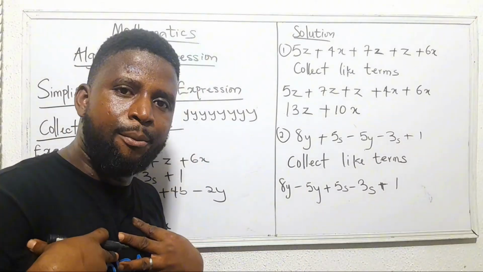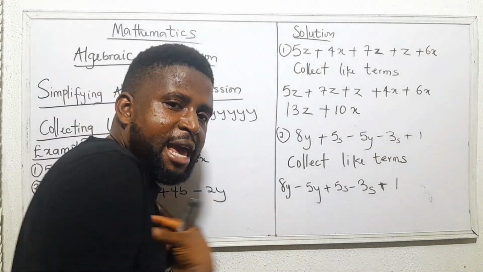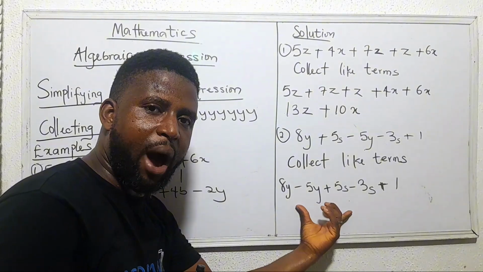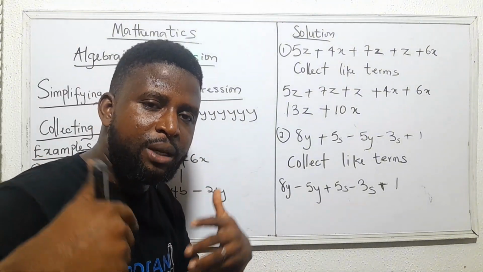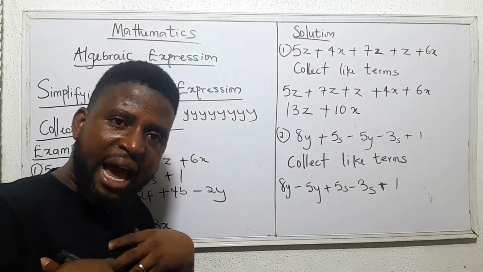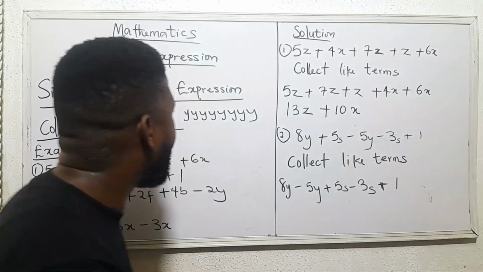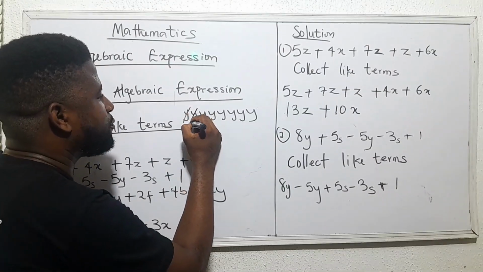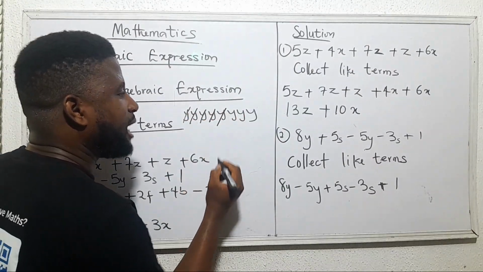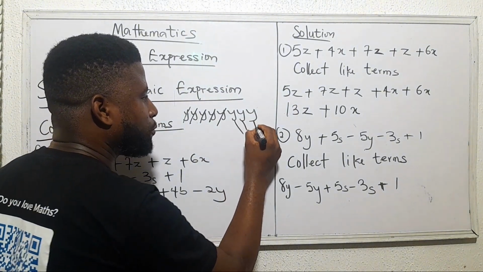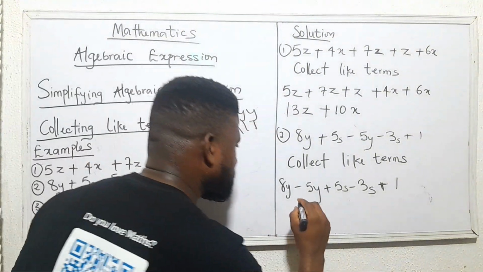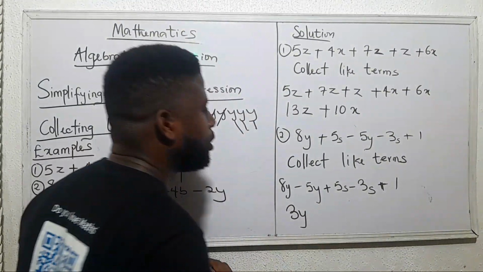Minus is the debt I'm owing. So I have 8y and I'm owing 5y. So the wise thing to do is to pay my debt from what I have. So minus 5y means I'm going to pay 5 from the 8 I have, and I'll have how many y left? 1, 2, 3. It is what I have, so it is positive. So I have 3y, right?